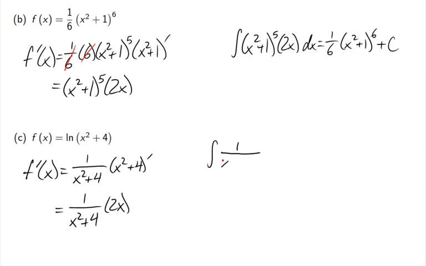If we needed to integrate 1 over x squared plus 4 times 2x dx, we could see that if this is thought about as the u, if you will, then your derivative of the inside is right here, and the integral of 1 over u would be the natural log. The absolute value, we'll leave it out simply because it's already positive. But anyway, we get the natural log of x squared plus 4 plus c.